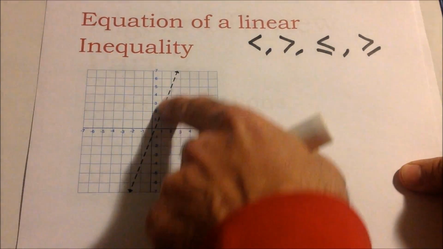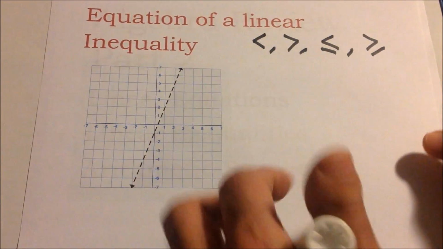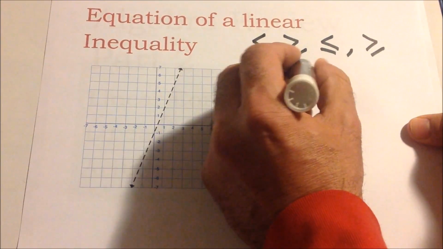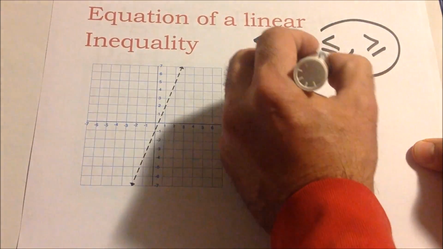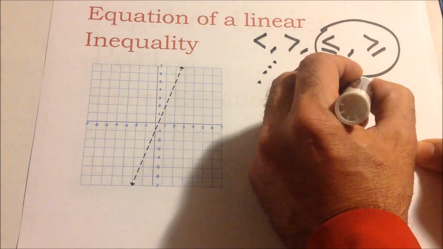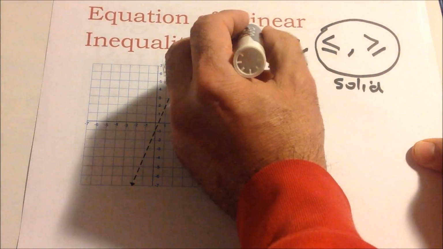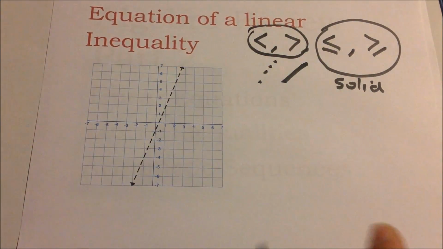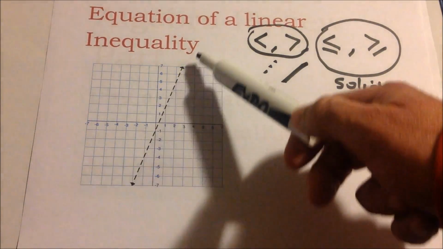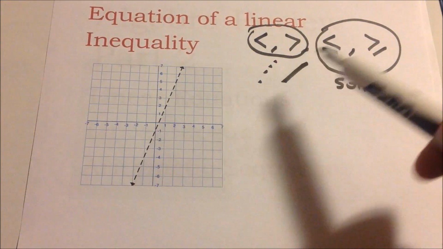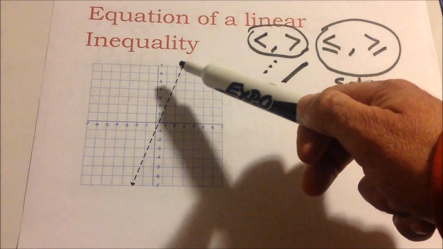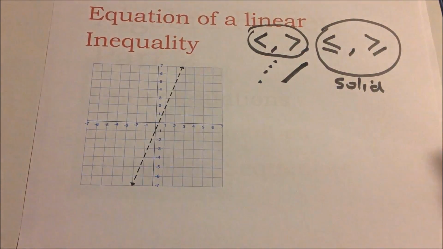You're either going to see a dotted line or a solid line. If you see a solid line, you would use these two symbols. So this is a solid line. And if you see a dotted line, you'll see these two symbols. All a dotted line means is we're not including whatever is on the line. If we had a solid line, it means we're including everything on the solid line.